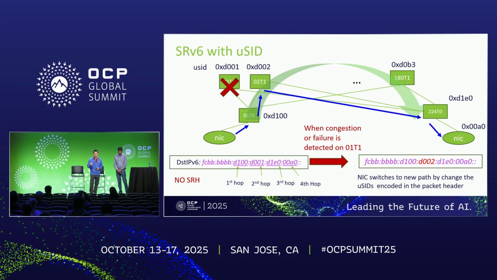When we detect congestion or a failure on a T1, for example through packet spraying or in-band network telemetry, the receiver signals back to the sender, and the sender simply replaces the SID in the IPv6 destination field that corresponds to that T1 with a new T1, and gets a new path to send the packet.